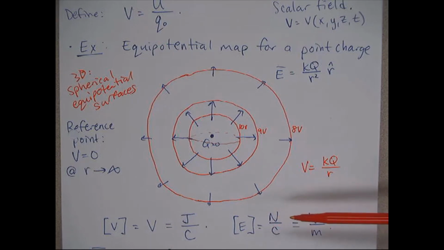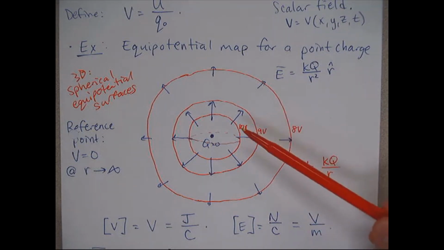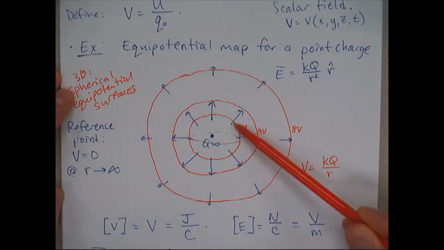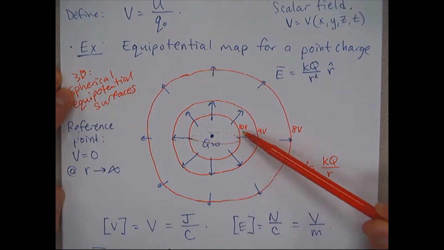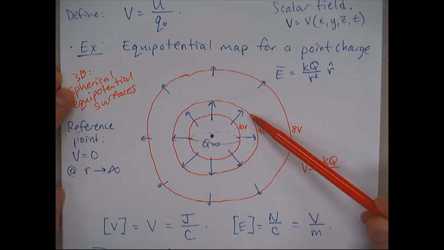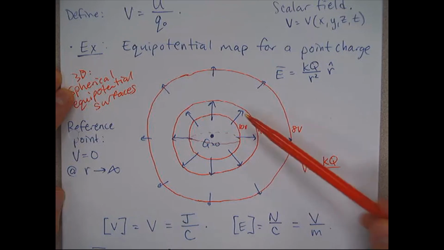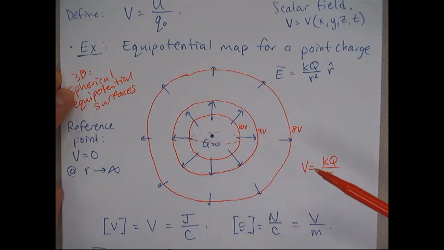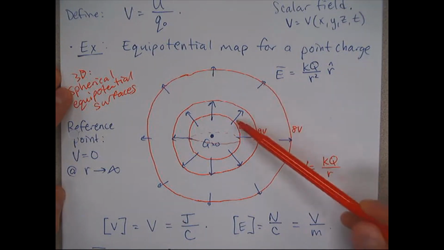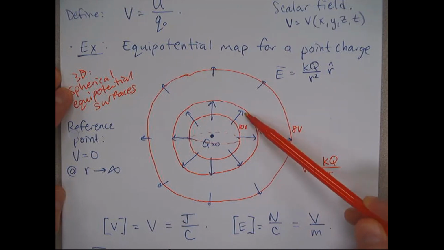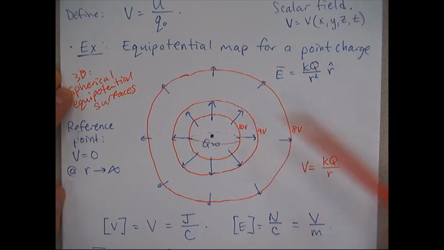Now you can think of how much does the voltage change per unit of distance, meters, that I travel in a region of space. So the electric field, say in the region between this 10 volt sphere and the 9 volt sphere, that electric field is greater in magnitude than it is out here, because you get a larger change in voltage per unit of distance traveled.